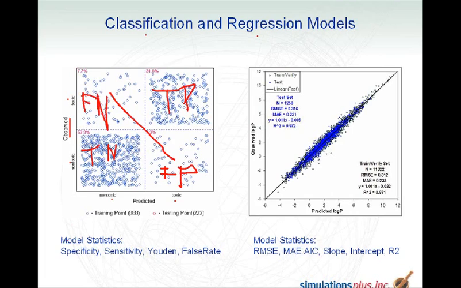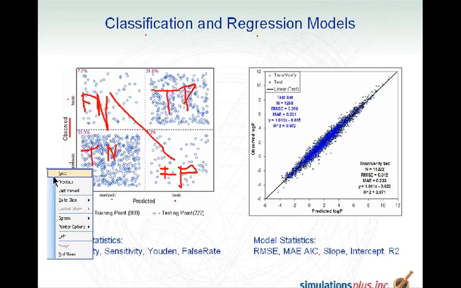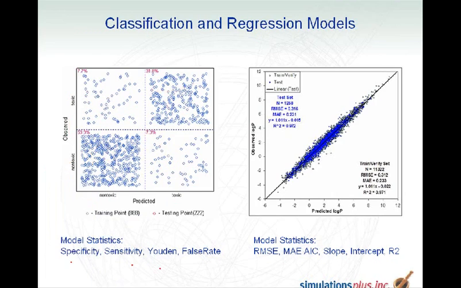And there are a number of statistics we calculate for the model in order to compare different models to each other. So one is specificity, the other sensitivity. The Youden index is a balance between the specificity and the sensitivity, and then the false rate is simply how many of the predictions are incorrect.